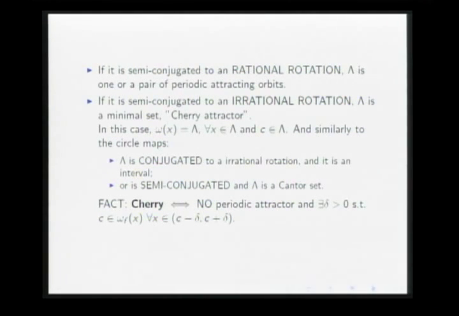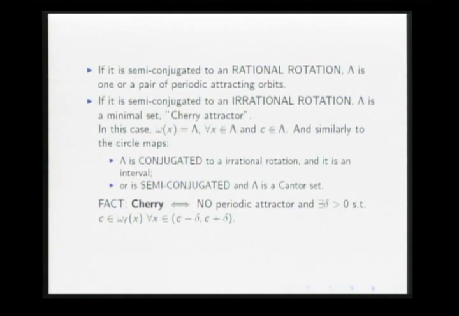That can be a rational rotation, and in this case, you have a periodic attracting orbit, or it can be one or two. Okay, it can have two different periodic orbits, or it would be a rational rotation.